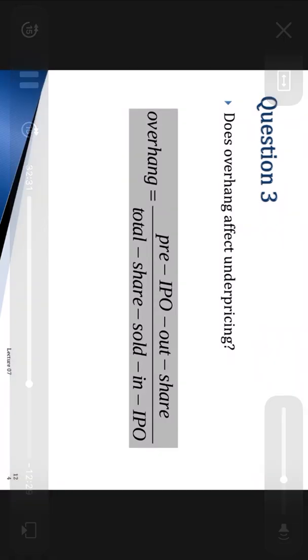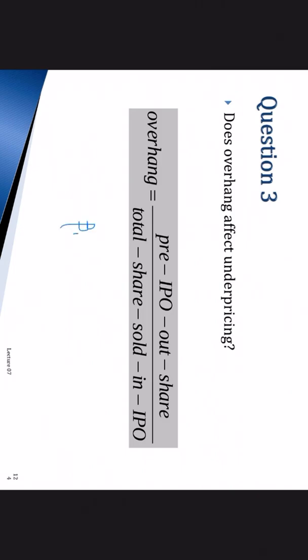Now you will notice that the beta coefficient actually is positive. Okay, so if you are selling 100 shares in the IPO, the underpricing will be higher. If you are selling 800 shares in the IPO, the underpricing will be lower.